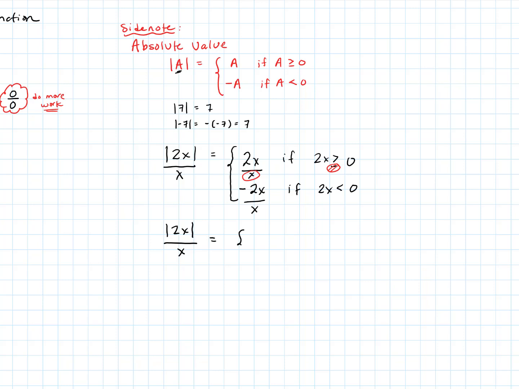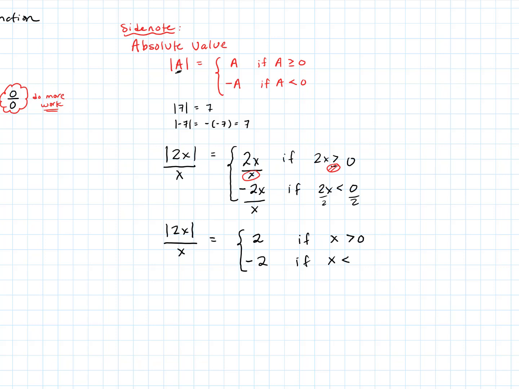So this is going to be equal to, and I'm going to simplify a little bit here too, 2x divided by x is simply 2 if x is greater than 0. Well, what did I do there? I also divided both sides of the restriction by 2 to simplify the statement. And -2x divided by x is going to be -2 if x is less than 0, again dividing to simplify that statement.